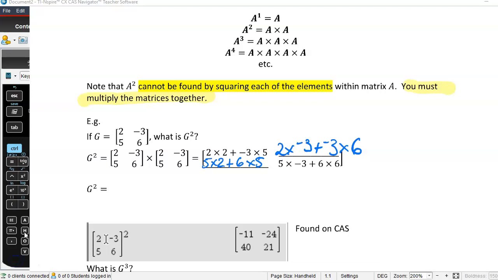Okay, let's get back to it. So that is 4 minus 15. Then 2 times negative 3 is negative 6, minus negative 3 times 6, negative 18.